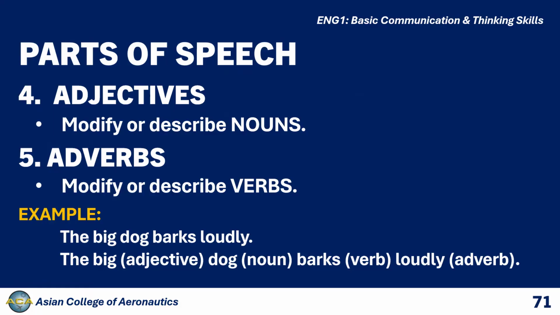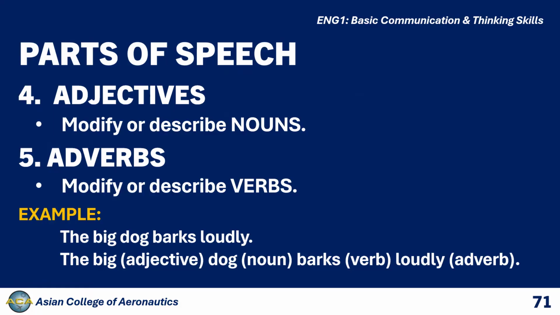Next, how about adverb? Okay, an adverb, these are the words that modify or describe the verbs. So if an adjective describes the noun, the adverb describes the verb. Okay? For example, the verb is run. Now, what would be the describing word?